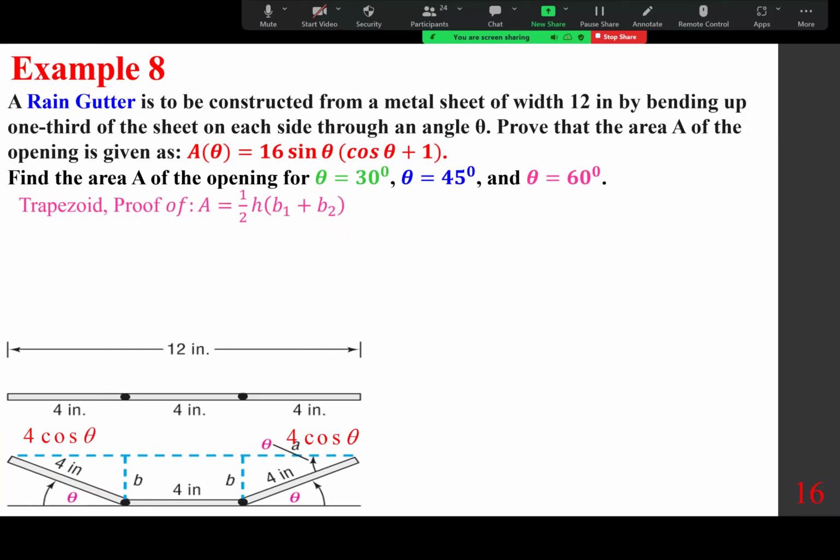So if you look at this, let's see. This is a triangle, okay. This is a 90-degree angle.